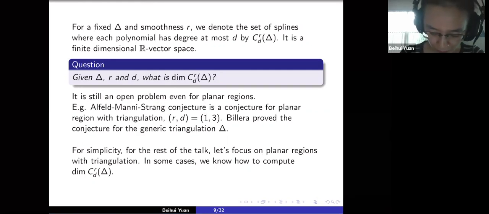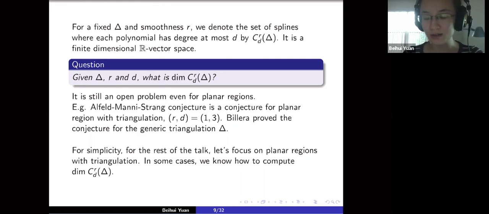And Billera proved this conjecture only for the generic triangulation. So the more general case, if we consider the non-generic cases, is still unsolved. It's still a conjecture, okay? And for simplicity, for the rest of the talk, let's just focus on planar regions with triangulation.